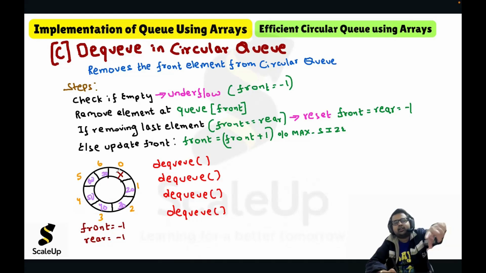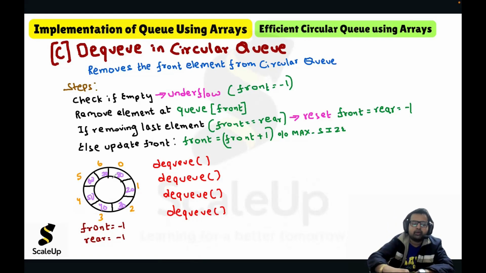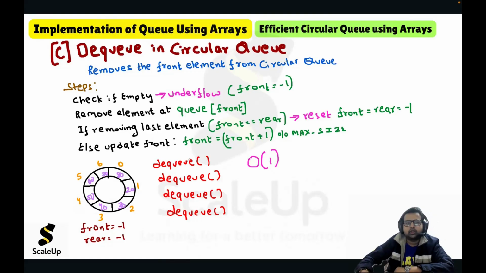Now automatically this space will be used because rear will get updated and new element will get added here. So this space will be utilized. So in circular queue, there is no problem of unused spaces, and because of that, no need for shifting elements. And because of that, in circular queue, both NQ and DQ operation are of order 1. And hence, circular queue is more efficient as compared to linear queue. So this is the DQ operation in circular queue.